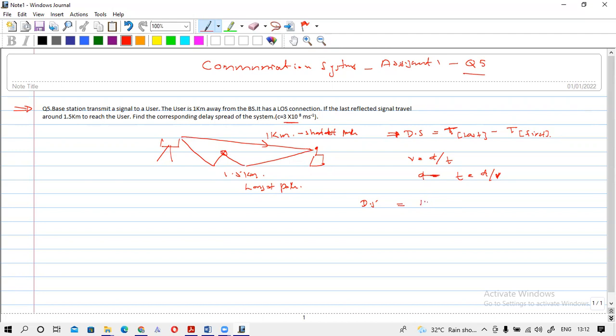So it is 1.5 by 3 times 10 to the power 8. This is in kilometers, so you have to convert this into meter, plus the shortest component, the first component, 10 to the power 3 by 3 times 10 to the power 8. So simplifying this, you can find the delay spread.